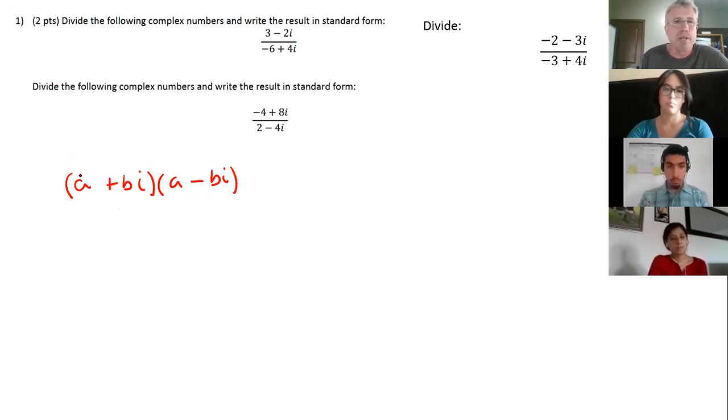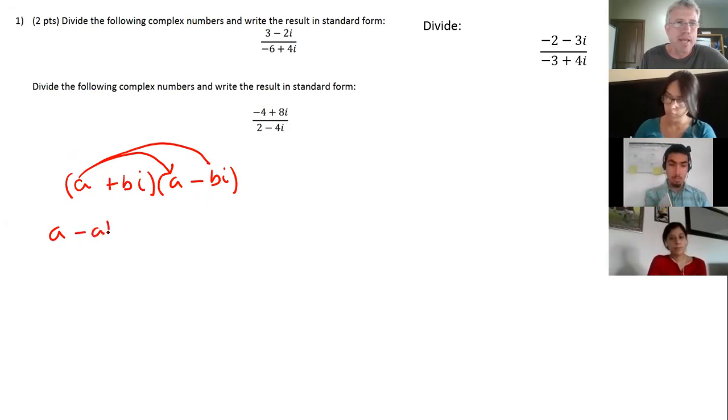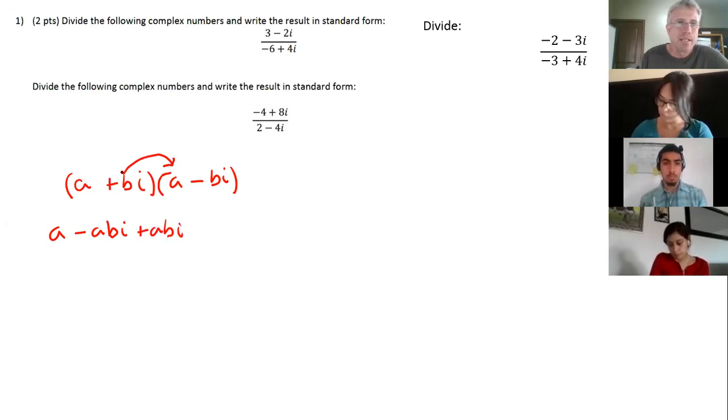So if you just multiply this out, you get a times a, and then you get a times the minus bi, which would give us minus abi, and then you take the bi term and multiply it by the a, which would give you a plus abi, and then multiply here, bi times minus bi, you get minus b times b is b squared, and i times i is i squared.